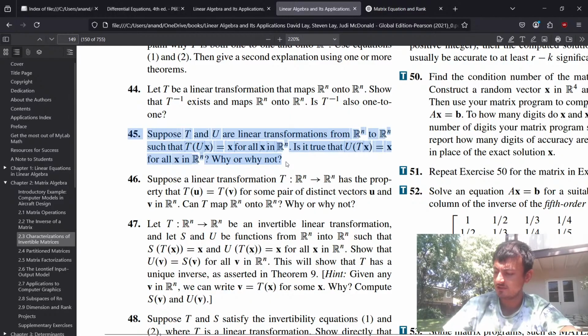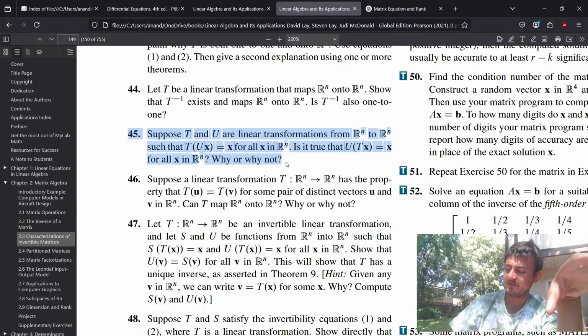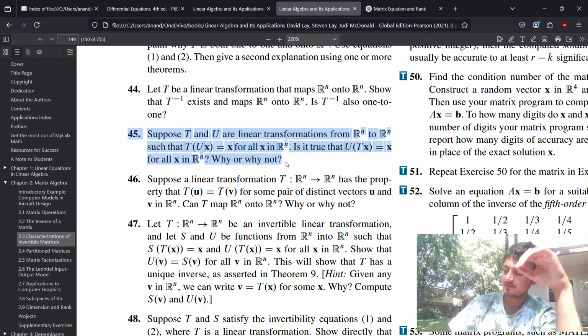So let's say we have T, U from Rn to Rn, and for all x, T times Ux is equal to x. And then the question is, is U T of x equal to x for all x? Why or why not? So what we can do is, because of the associativity of matrix and vector multiplication, we can say T times U is equal to x for all x.